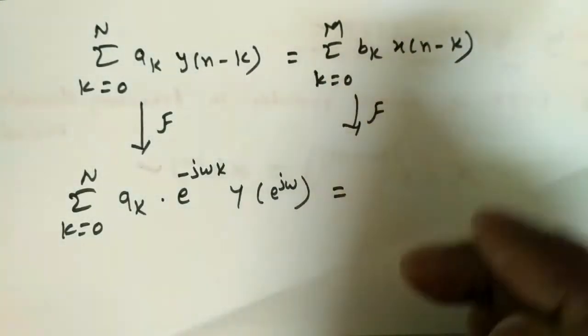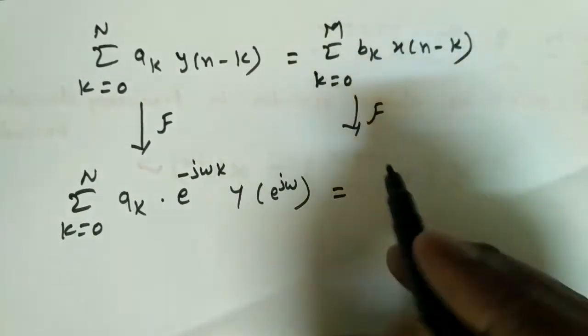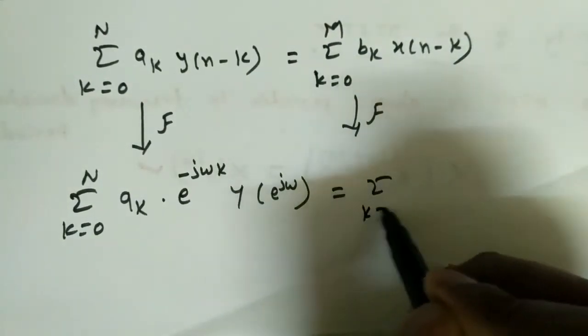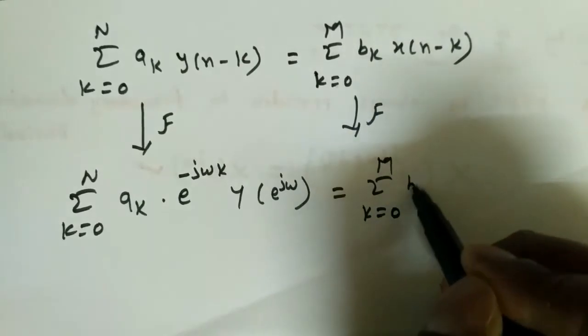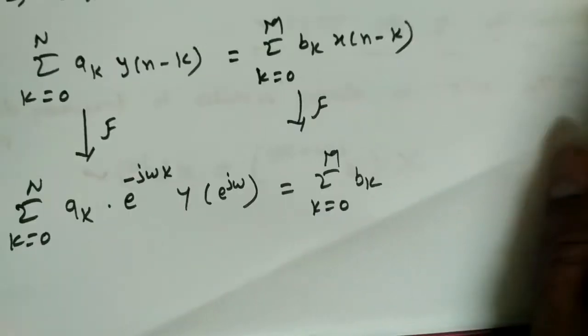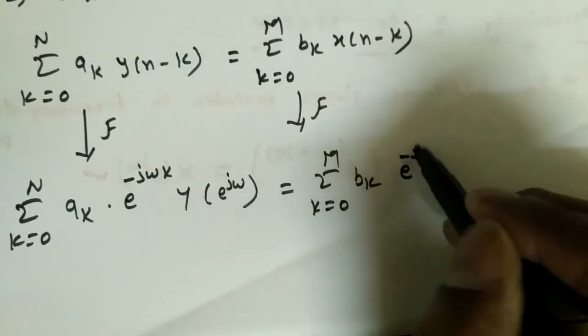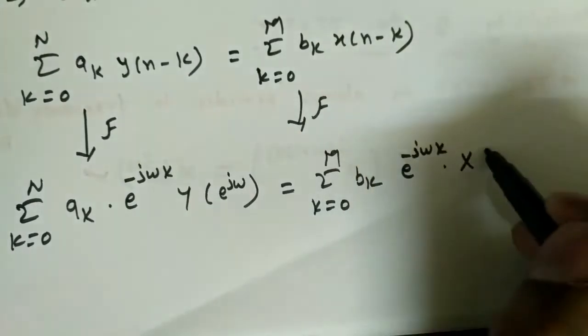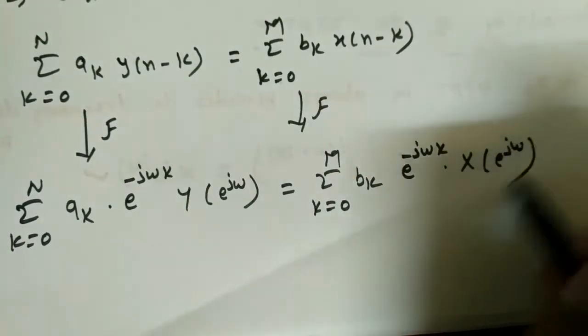Similarly on the input side, k equal to 0 to m, bk, and again by the shifting property we get e power minus j omega k into x of e power j omega.